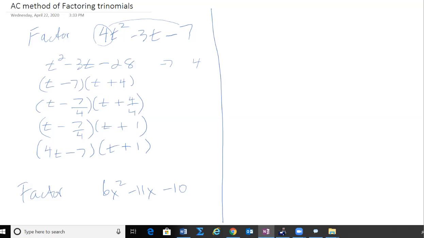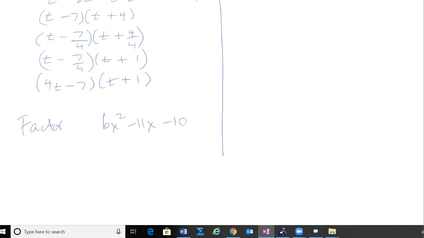So let's take another one over here. Okay, this one here. So again, remove the 6 and make that a minus 60. Now I need two factors whose product is negative 60, which add up to negative 11.